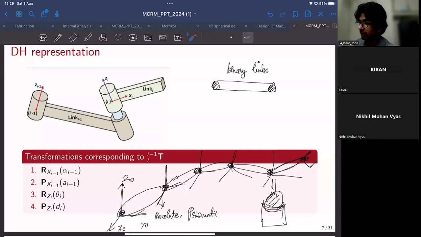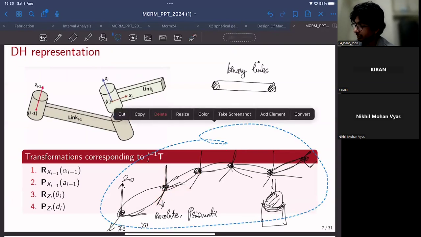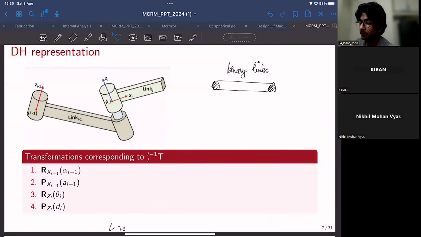So the first thing in the DH convention or DH representation is to fix individual frames of reference onto the corresponding links. That is the first thing that we require.